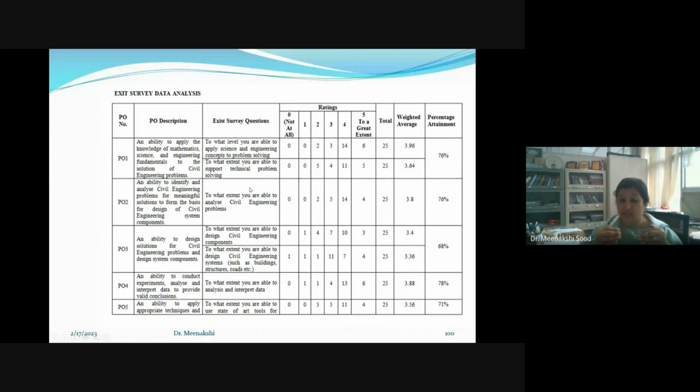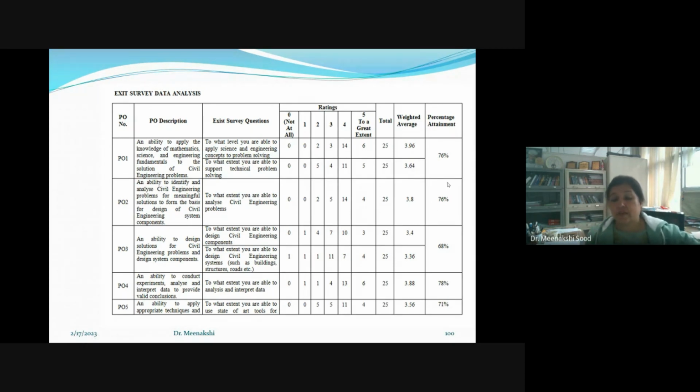So ask such questions which you can directly relate with the PO. If they say 2, 3, 1, 4, you can just quantify them, total them, and average out, and when you average out, you see, okay, 3.96 out of 5. So the percentage is this, and your criteria is more than 70% you have attained, and less than 70% you are not attaining.